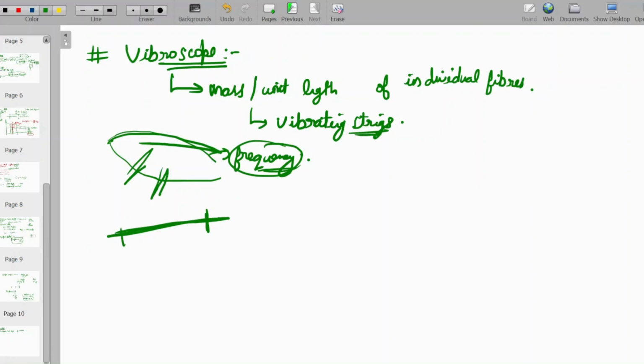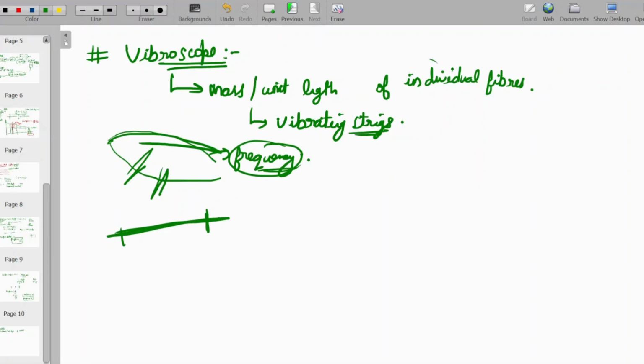Mass per unit length can be tex or denier. If the length is 9,000 meter, it is denier, or if the length is 1,000 meter, it is tex. So both values can be found by the vibroscope.